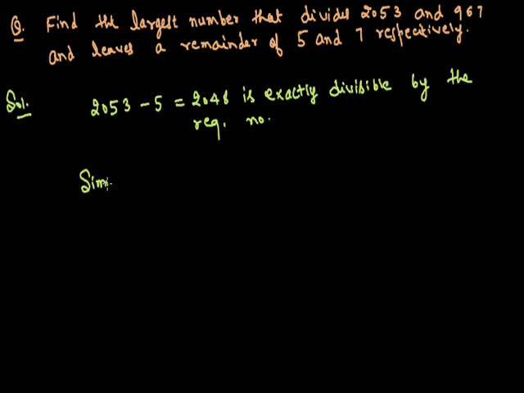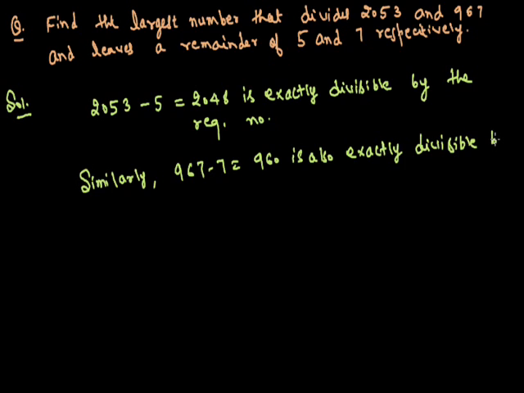Similarly, 967 minus 7 equal to 960 is also exactly divisible by the required number.